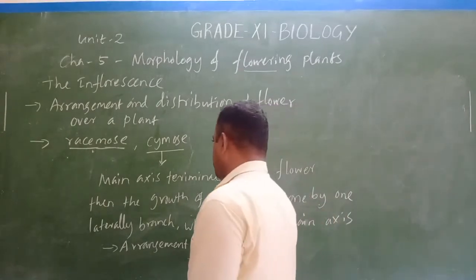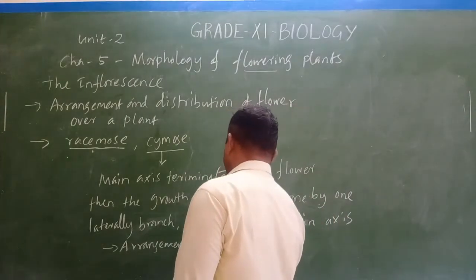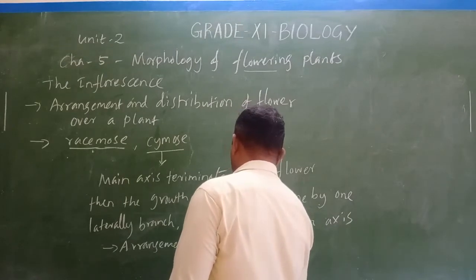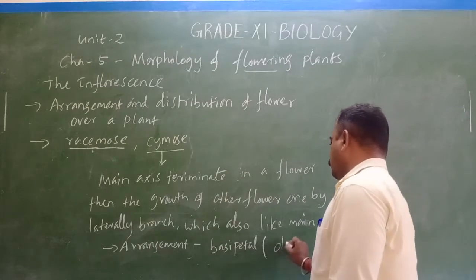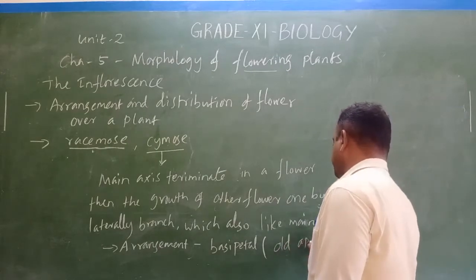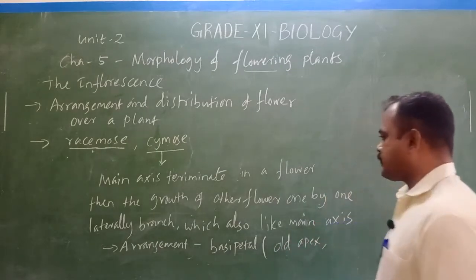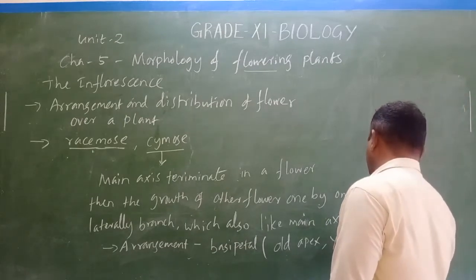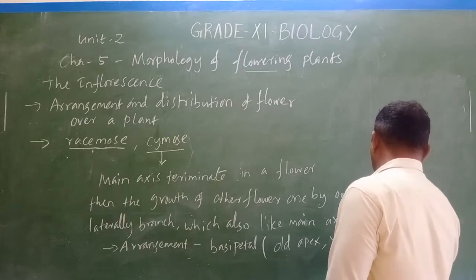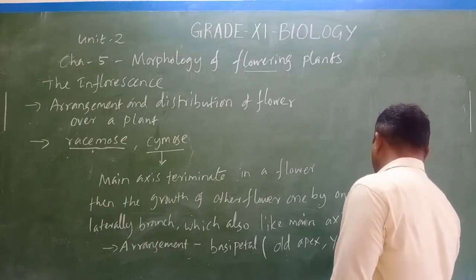The arrangement name is basipetal. So what is basipetal? That means old flower in the apex, and young flower in the base.